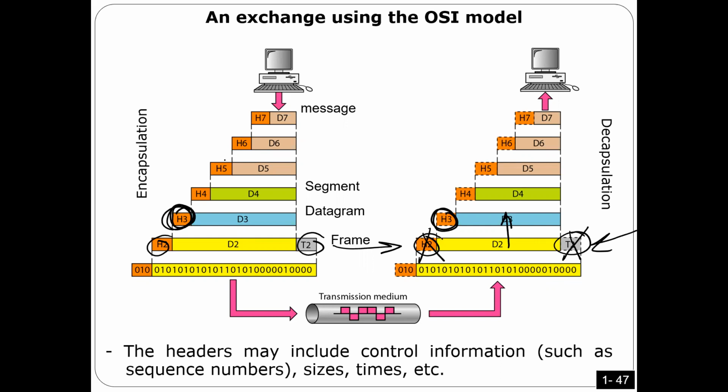The header you add for layer 4 is going to be used here. So no one can understand this header except this layer. When I add this header, it is actually for this layer. That's why this layer is going to remove it after using it. Same thing here, you add a header, and this header also is going to be removed, as you see here.